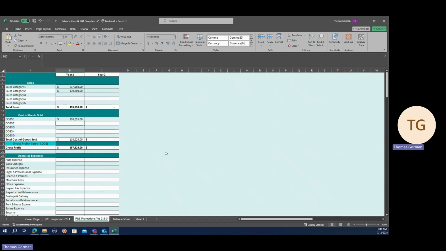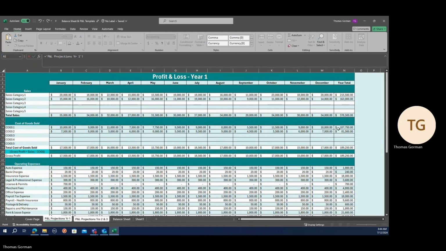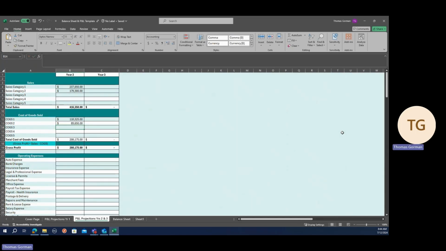Here we go. Again, same thing for product 2. Equals, go back to year 1, product 2, times 1.1. Enter, and there we go. And it's really that simple.